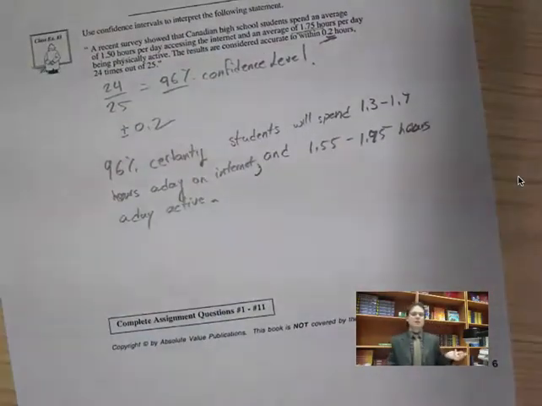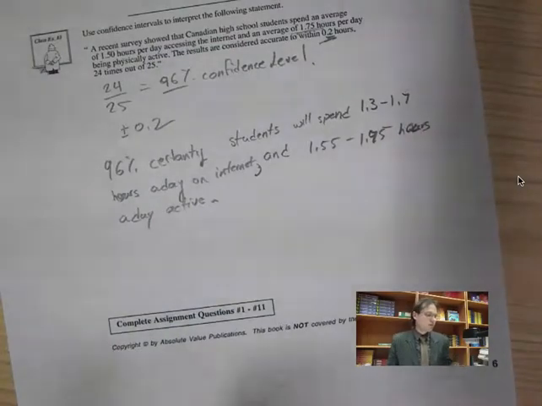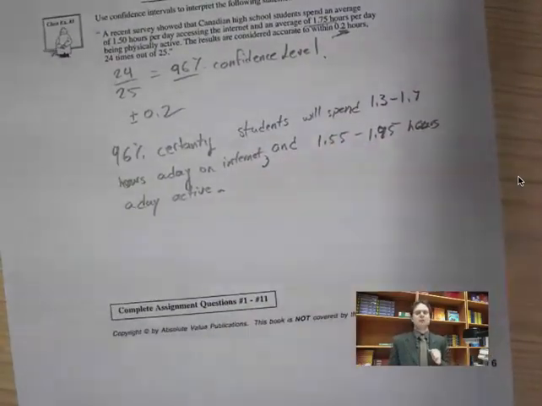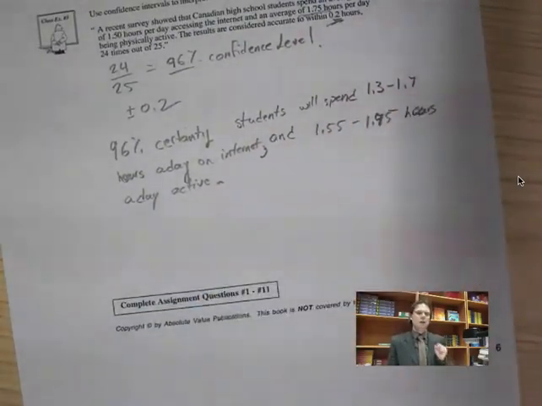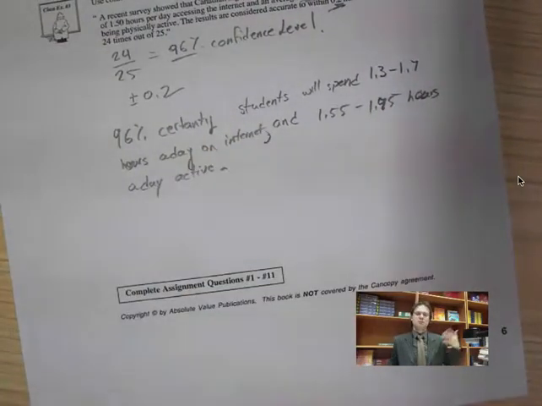Alright? So that is what they found, and it's 96% certainty that the average student will spend between this and this, the mean of them. So this much time on internet, this much time doing physical activity.